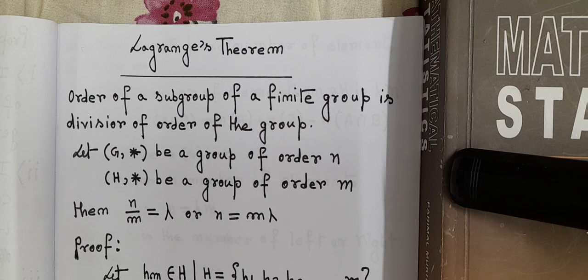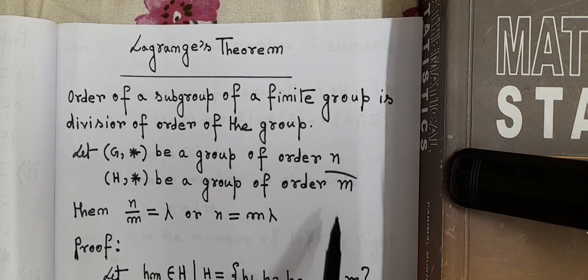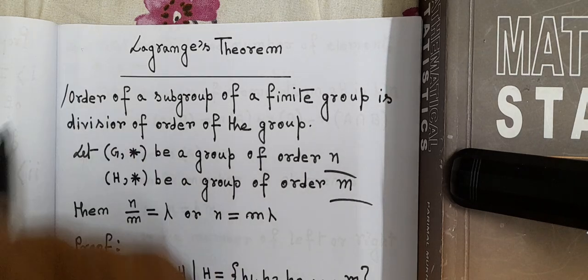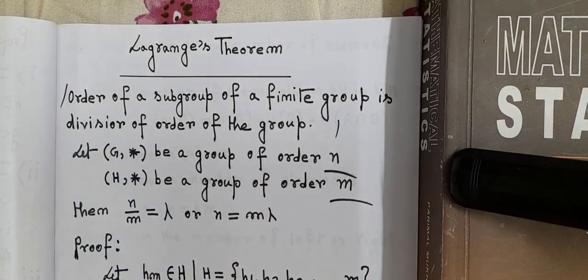Because if the order of a subgroup is a divisor of the order of the group, then we should have some common factor in n and m. Let lambda be that factor. If we prove that n equals m lambda, then this theorem will be proved. Correct?